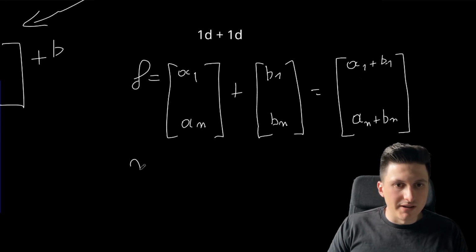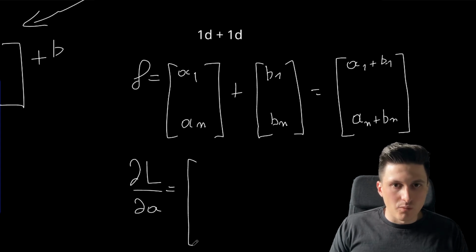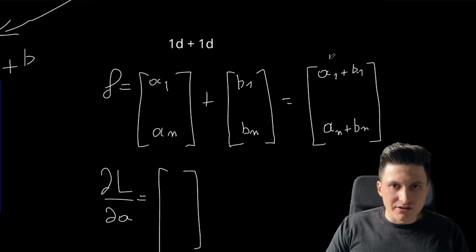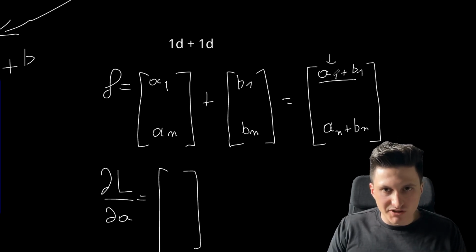So this also means that the derivative of the loss with respect to a will just be once again a gradient tensor with the same dimension as a, and as each local derivative, for example this, calculated derivative to a will once again be 1.